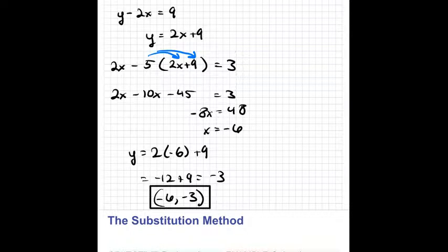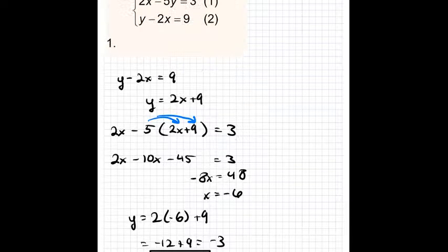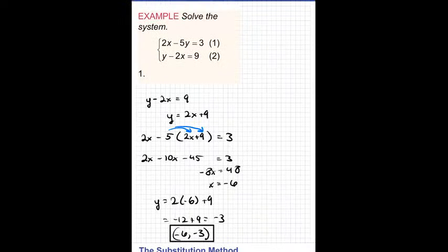So we're going to do a quick check. 2 times negative 6 minus 5 times negative 3 equals 3. That's going to be a negative 12 plus 15. And let's actually get rid of this 3 over here. Equals 3, which is our desired result.